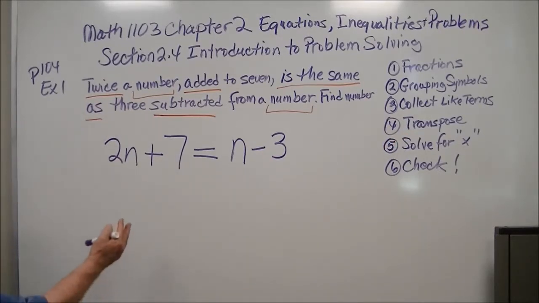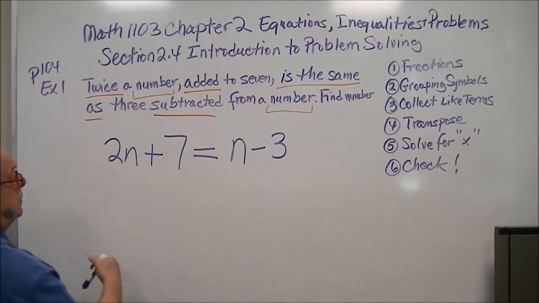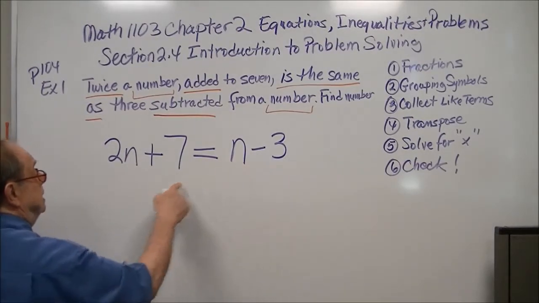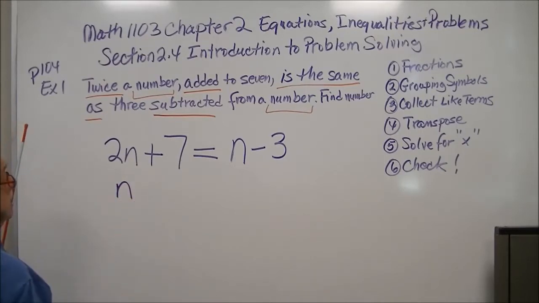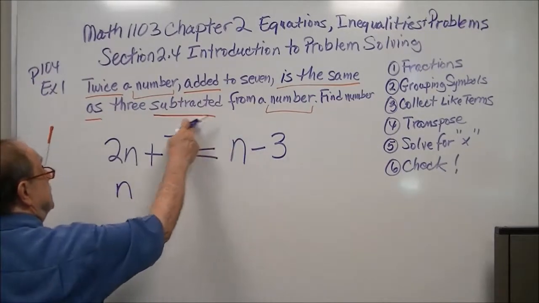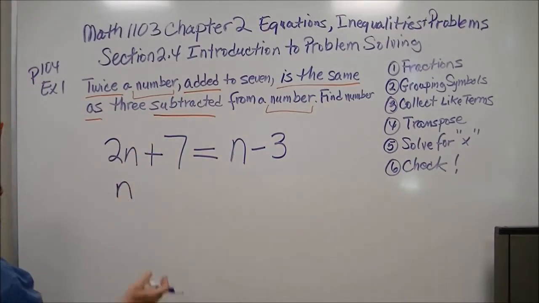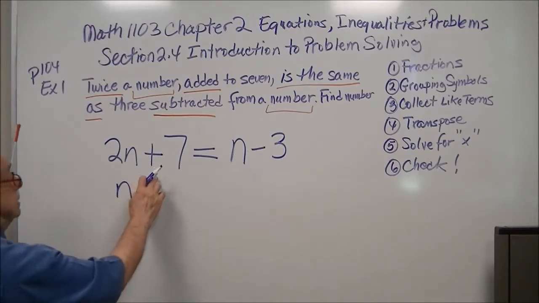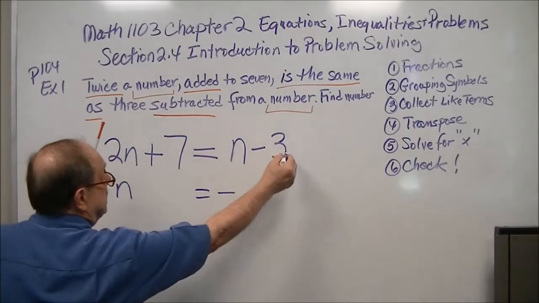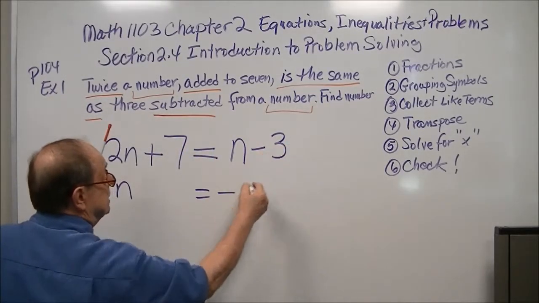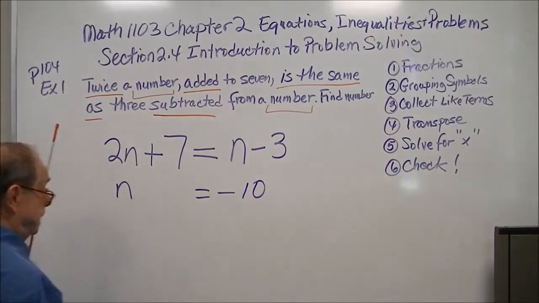Well, we want our n's to be positive, so I'm going to subtract an n here, subtract an n there. This leaves me with just an n. Or move this n over to this side, it becomes a negative n. And now we're going to transpose this. This will become a -7, so -7, -3 is -10.